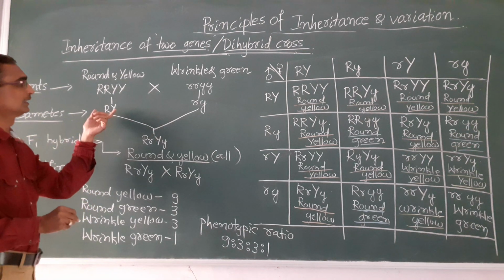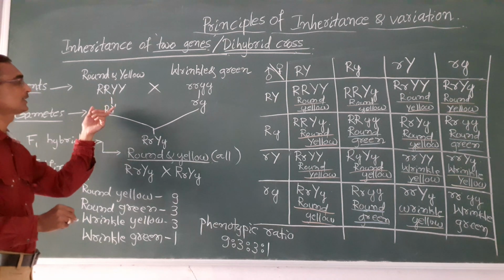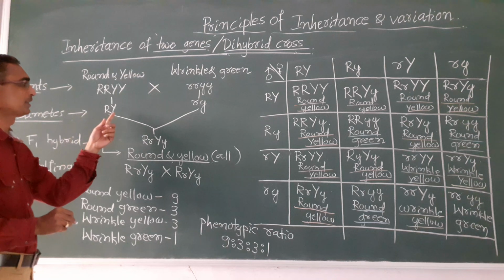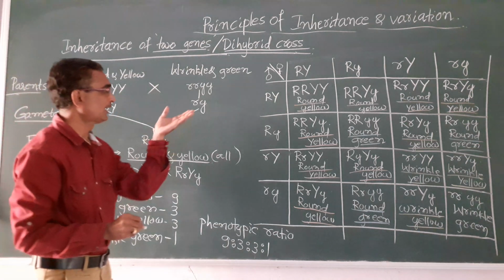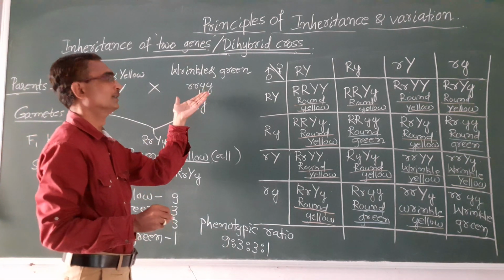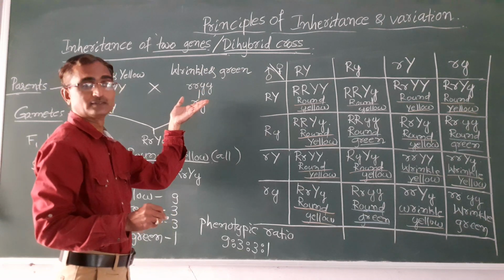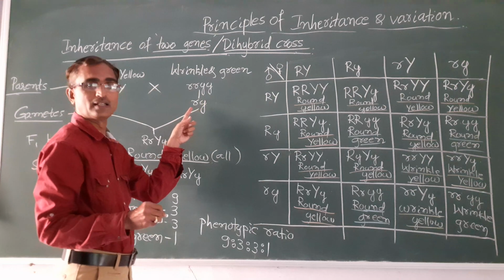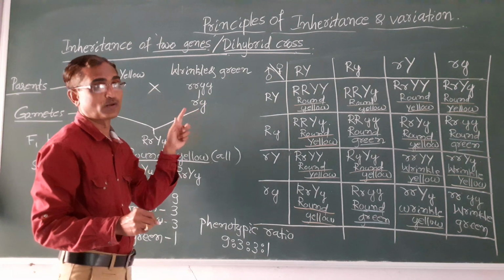Then the gamete from the first plant, that is the round and yellow plant, is capital R and capital Y, and that of the wrinkled and green plant is small r and small y.